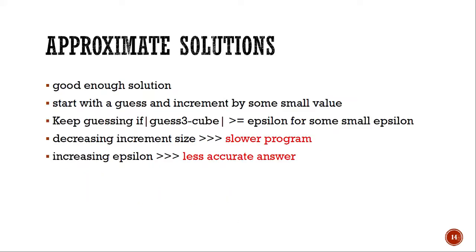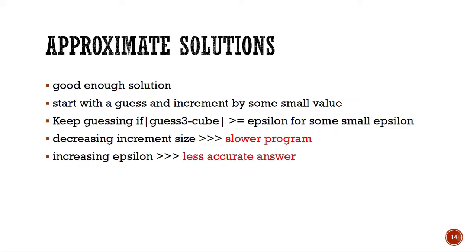The second search method is what we call the approximate search method, or approximate solutions. In this case, we are looking to find a good enough solution. So we start with a guess and increment by a small value, and then we keep guessing until the difference between the cube of the guess and the value of the cube number is small enough.